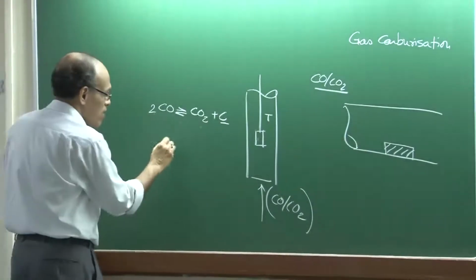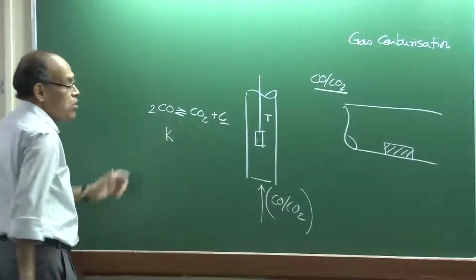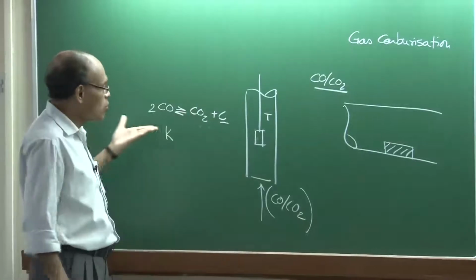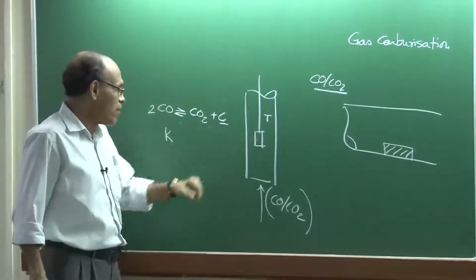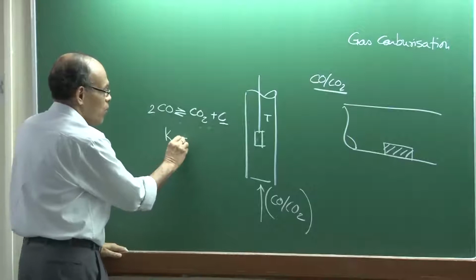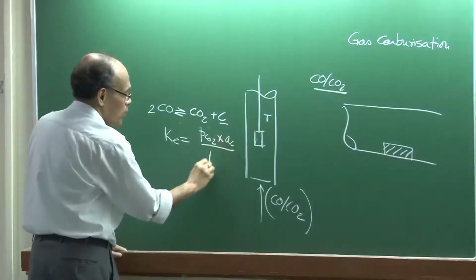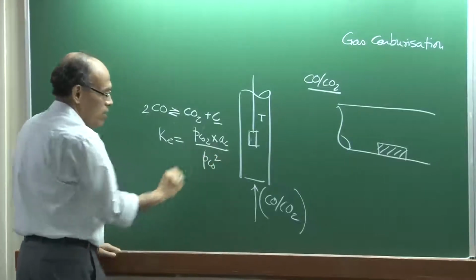And this tells us that we can have an equilibrium because the chemical reaction is assumed to be fast and conditions are favorable, so this reaction is assumed to be at equilibrium at the surface. So we can write down the equilibrium constant in terms of the activity of carbon and PCO square.